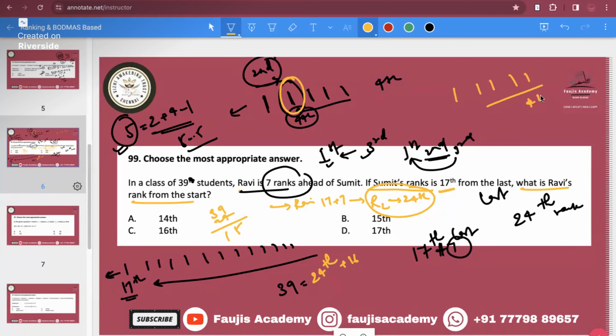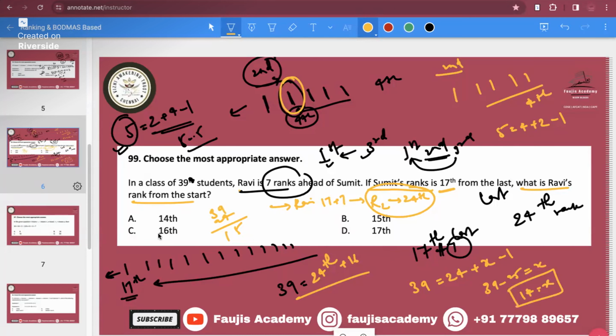Somebody's rank is 4th from behind, so his rank from top is 2nd. So the total number of students is equal to both the ranks from top and bottom minus 1. And we are just substituting it over here. 39 is the total number of students. Rank from behind 24 plus rank from top, we don't know, let's write it as x, minus 1. So 39 minus 25 is equal to your x. So his rank is how much, guys?